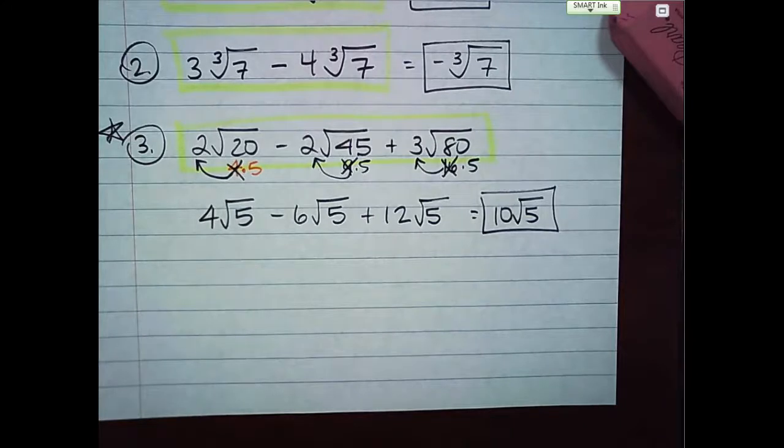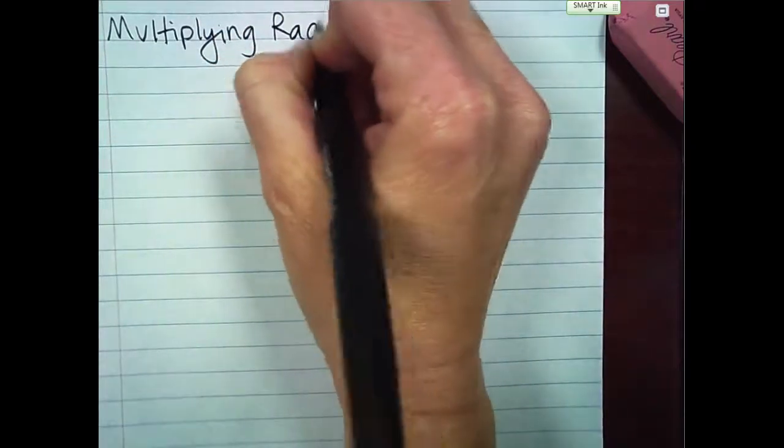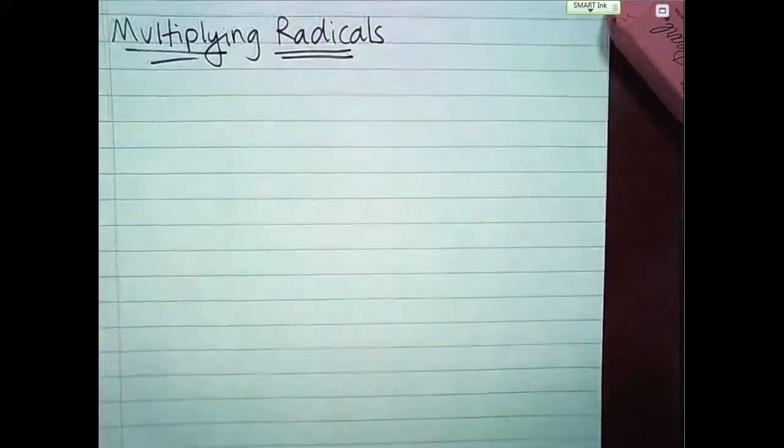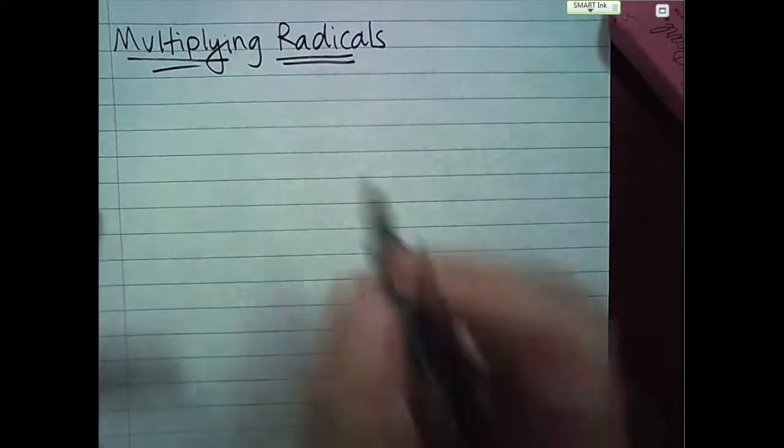Okay, so we have added and subtracted. So the next step would be to multiply. And if you're going to multiply, then you have to multiply coefficients.